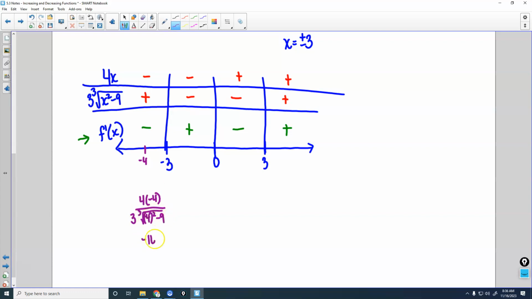And so that gives you -16 over 3 times the cube root of, let's see, 16 minus 9 is going to be 7. And you can't do what's in the bottom without a calculator, but you know it's going to be positive. So negative over positive is negative. You only really care about whether it's negative or positive, not what the actual value is. So if you don't like making the chart, you can do what I've done here for each section, plug it back into the derivative to see if you get a positive or a negative.